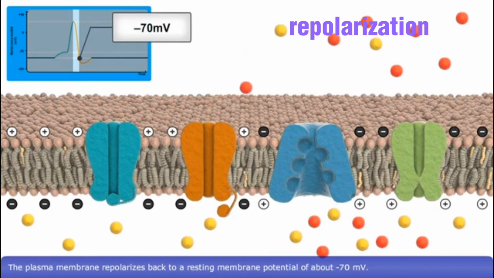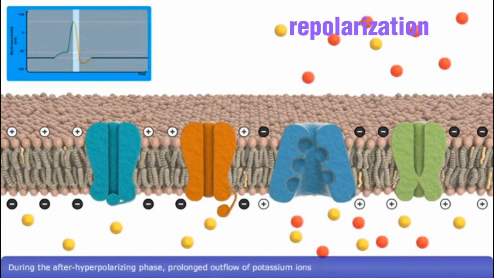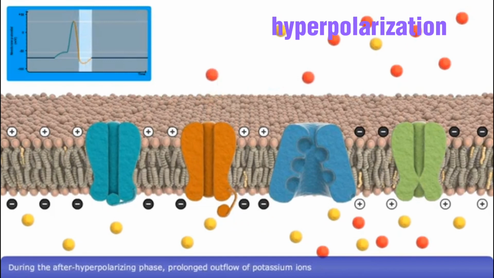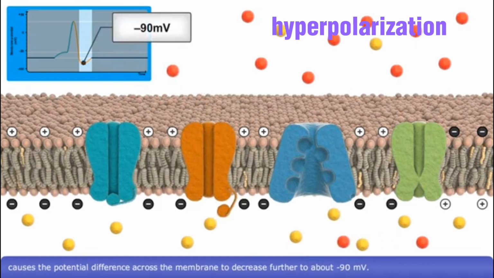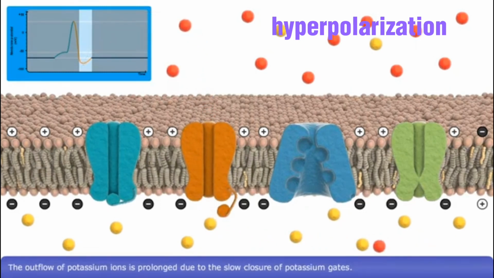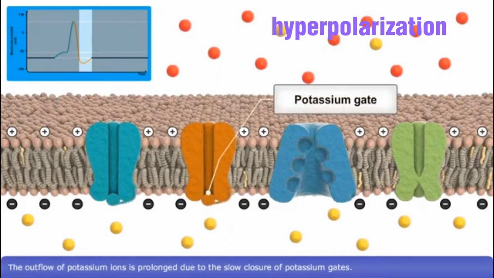Then hyperpolarizing phase occurs. During hyperpolarization, the outflow of potassium ions is prolonged, which causes the potential difference across the membrane to decrease to about minus 90 millivolt. The outflow of potassium ions is prolonged due to the slow and late closure of voltage gated potassium channels.